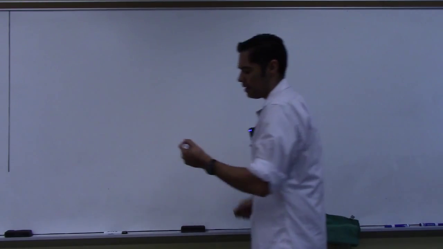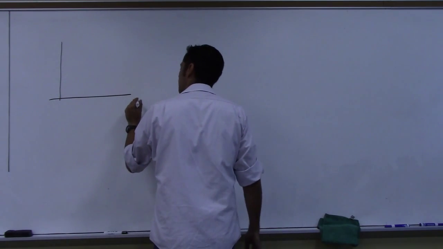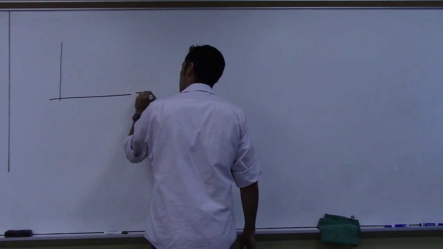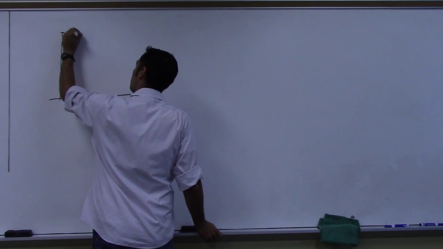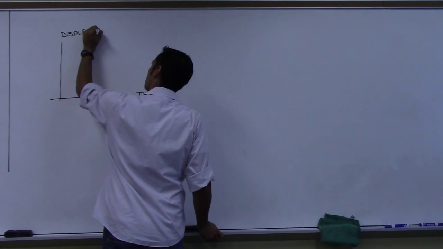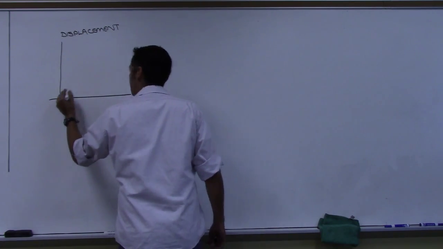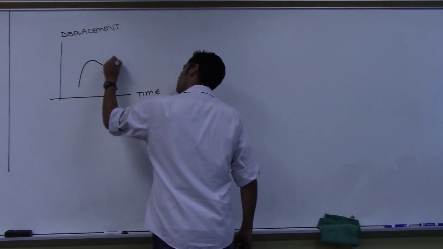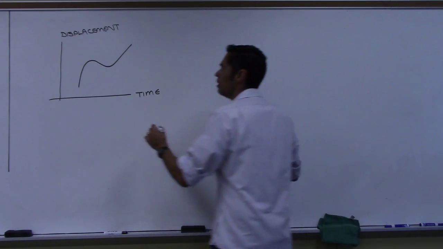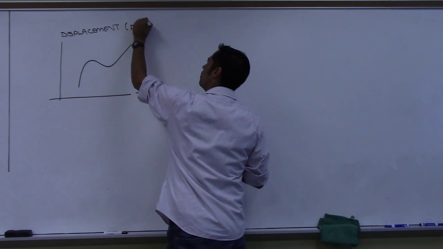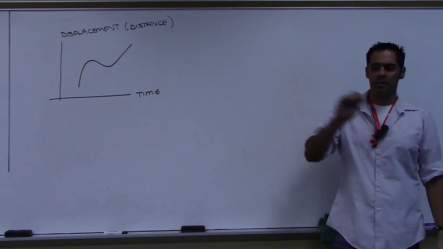If you recall, I kind of started the class with this notion that if you have some graph where your x-axis is time, and this is displacement or distance, imagine you have an object that's moving.